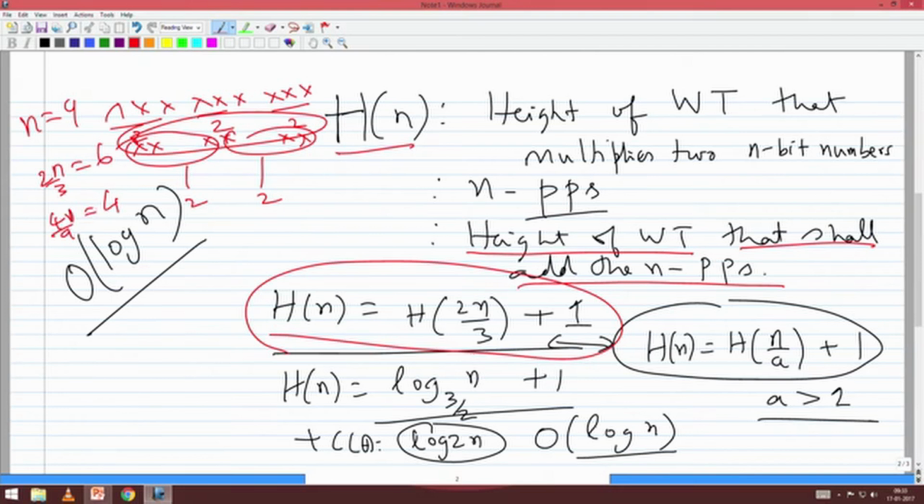Every time I get 2/3 of the number in the previous level, because every triplet is converted into a pair. You understand this? That is how I get H n is equal to H 2n by 3 plus 1. Are you able to follow?